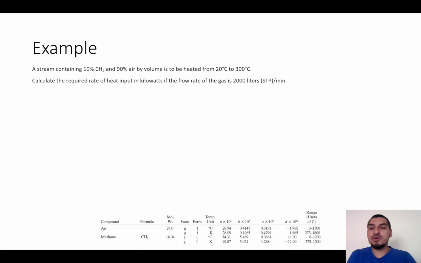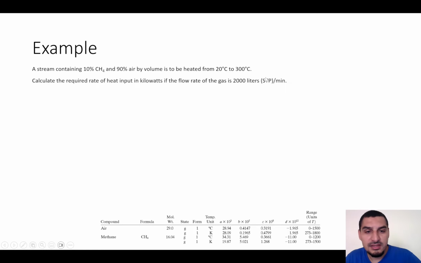But let's take this example where we have a mixture of methane and air. It's 10% methane and 90% air by volume. By volume is the same as by moles, so both are in gas phase, of course. It's to be heated from 20 degrees Celsius to 300 degrees Celsius, and we want to calculate the heat required to heat this mixture from 20 to 300 in kilowatts if the flow rate of the gas is 2000 liters per minute, and the 2000 liters is at STP.